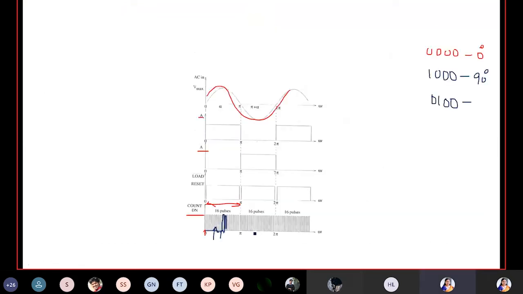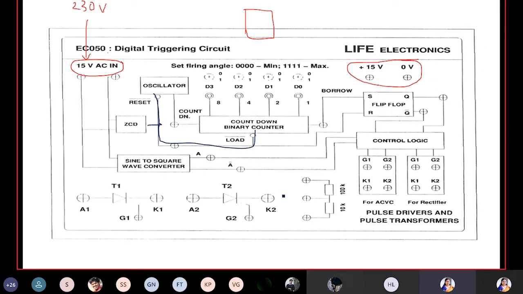As I told, this is the output of the zero crossing detector. Whenever the sinusoidal signal crosses zero, it will detect and produce a pulse, and whenever it crosses zero again it produces a pulse. Whenever that pulse appears, 16 pulses will start producing. If there is a delay, it will hold for those many degrees. I hope it's clear.